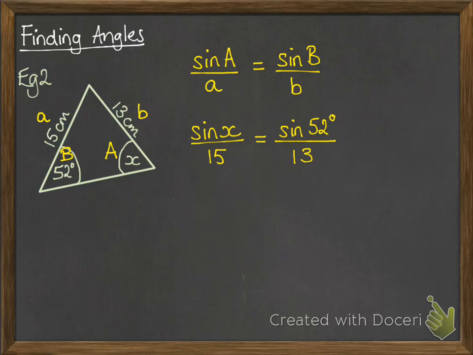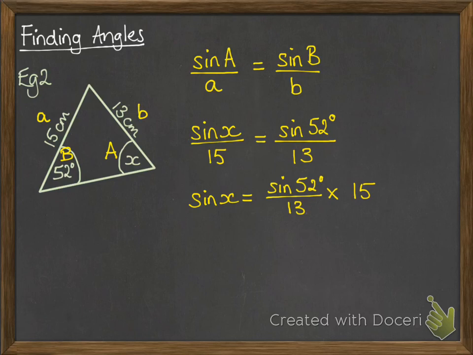Again, we've got sine x being divided by 15, so we want to undo that part by multiplying by 15. So we get sine x is sine 52 over 13 times 15. Now, here's your final step, a little extra to what we had to do before. Because we're doing trig on this, because we're working with an angle, to find the angle itself, we need to use inverse sine.